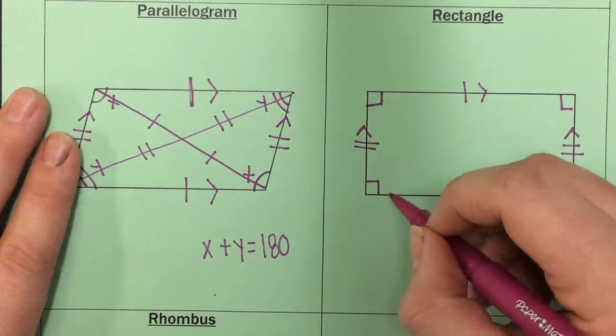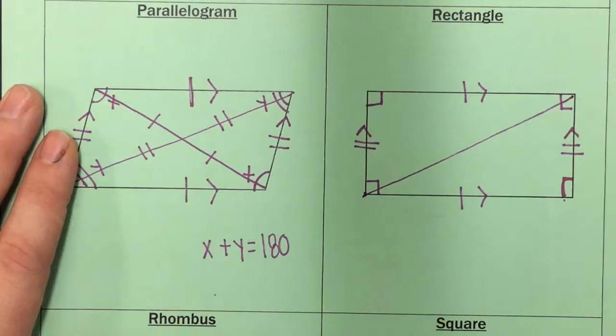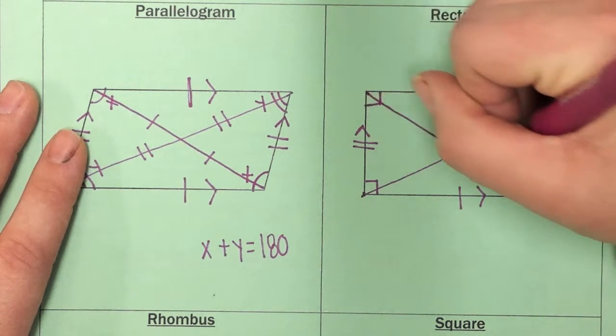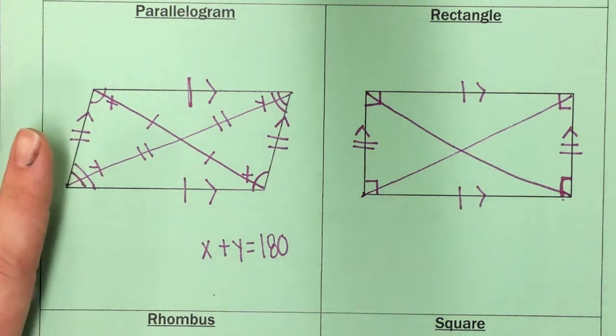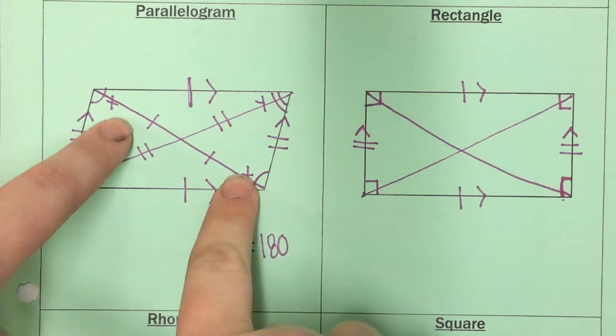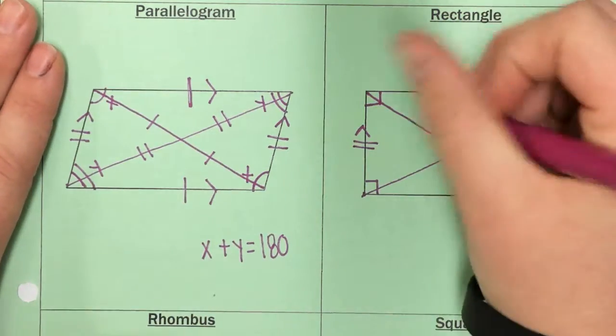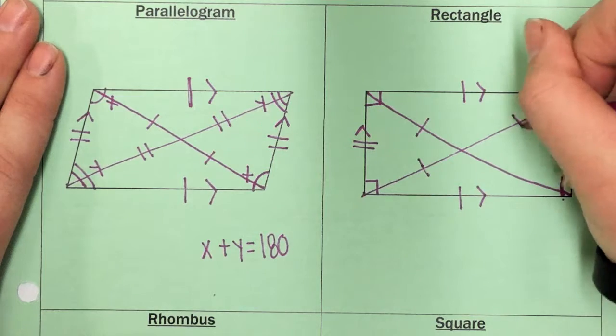Now let's draw our diagonals. Parallelogram: they bisect, but all four are not the same. Rectangles: they bisect, but they're all the same.